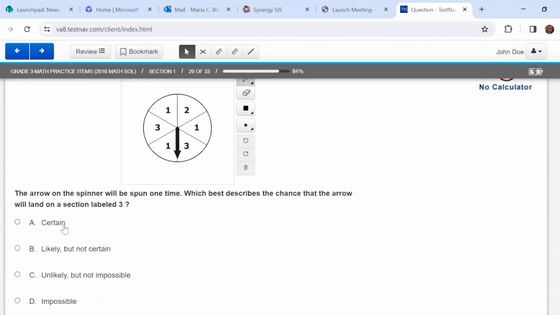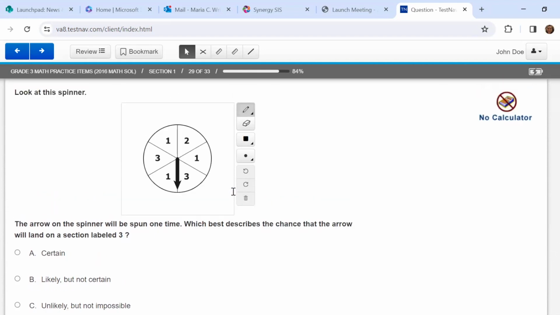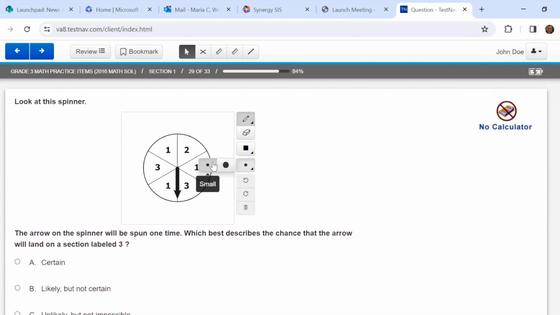Look at this spinner. The arrow on the spinner will be spun 1 time. Which best describes the chance that the arrow will land on a section labeled 3? Okay, sometimes I like to color in the 3s, or you can circle them.